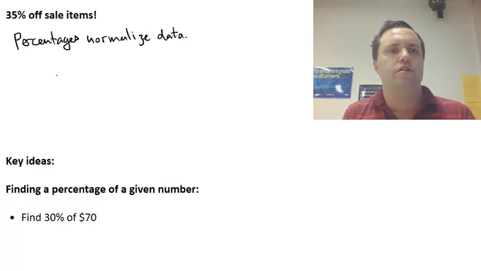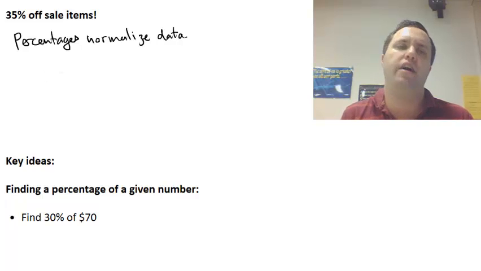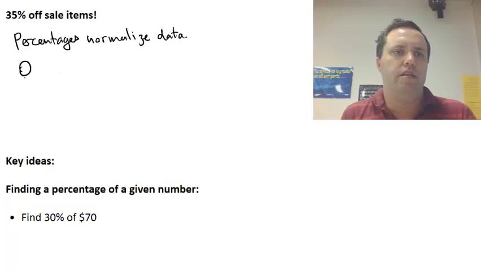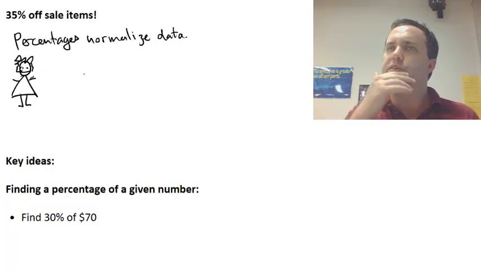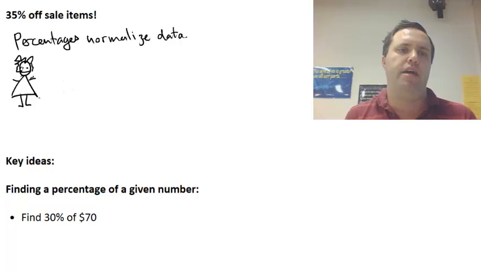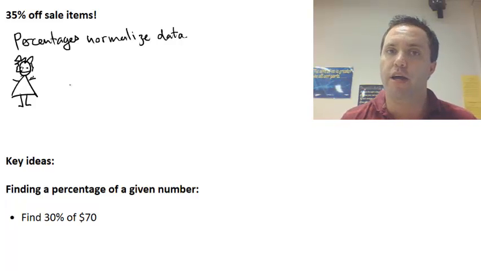For instance, Olivia's going shopping and she wants to buy herself some really nice pants, because she's run out of pants, and she's wondering which store she should go to.